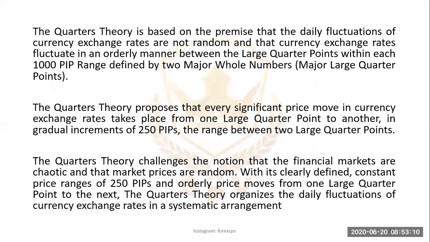Now, quarter theory is based on the premise that daily fluctuations of currency exchange rates are not random. The fluctuation is in an orderly manner between one large quarter point to the next. The quarter theory proposes that every significant price move in currency exchange rates takes place from one large quarter point to another, in a gradual increment of 250 pips, which is the range between these two large quarter points.